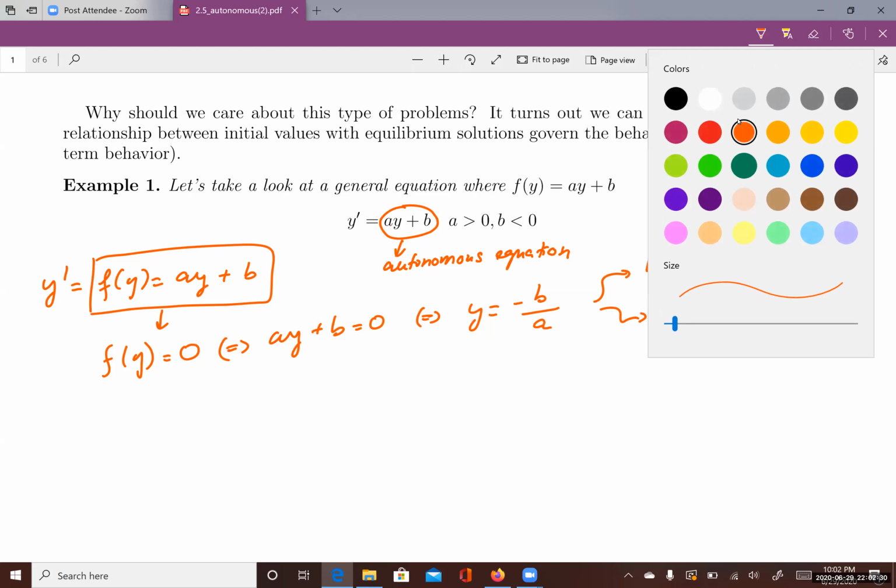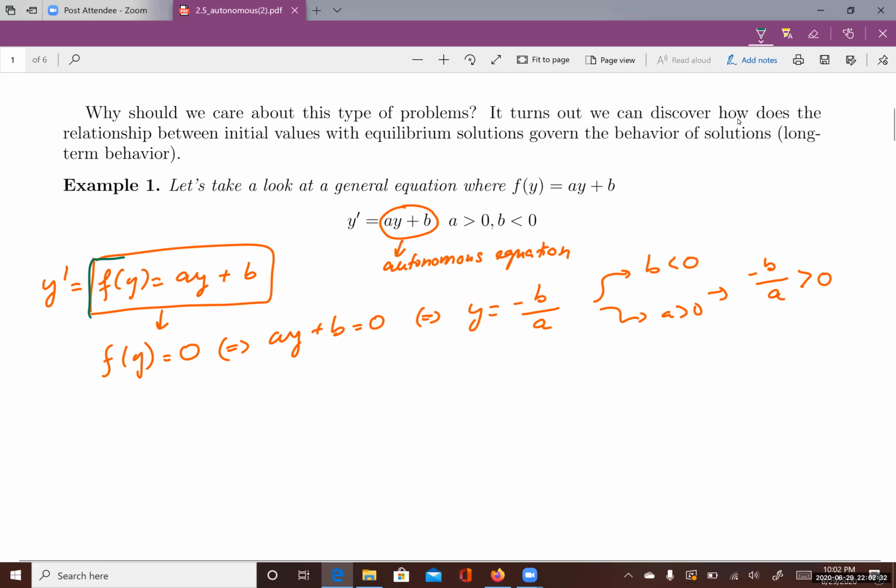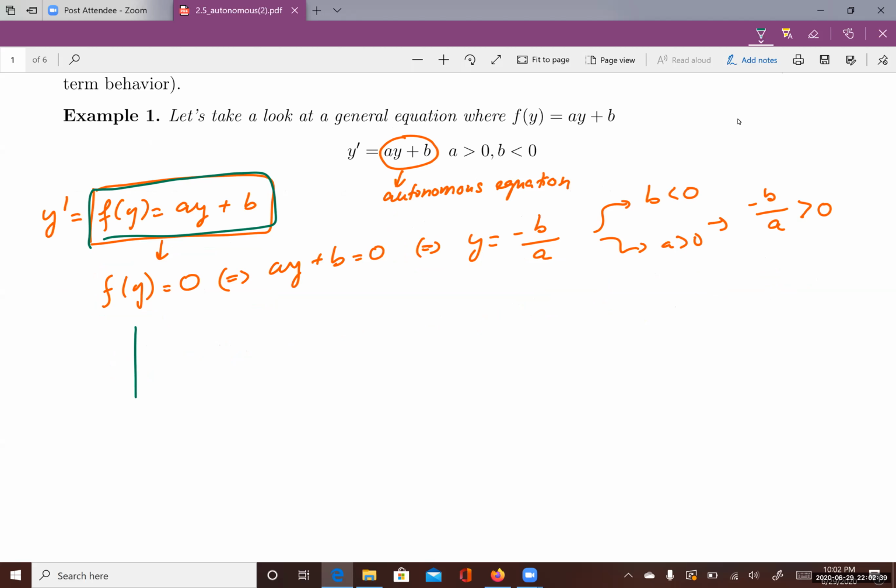If you look at this f of y function by itself, it is a linear equation. If I want to draw a graph describing y and y prime, with y as the x-axis and y prime as the y-axis, then the relation between y prime and y is described using this linear equation.